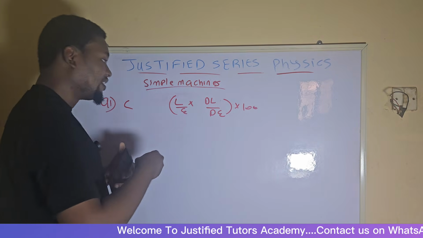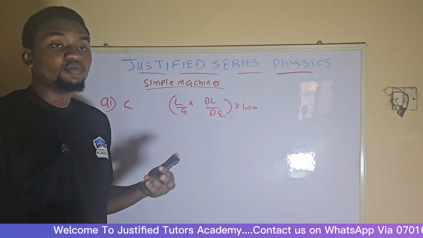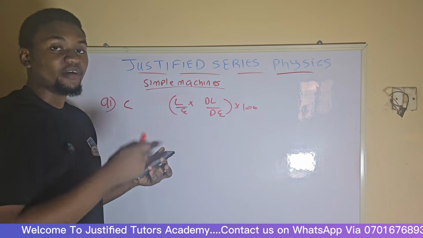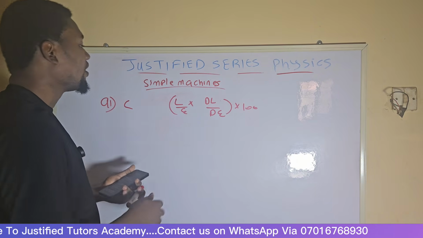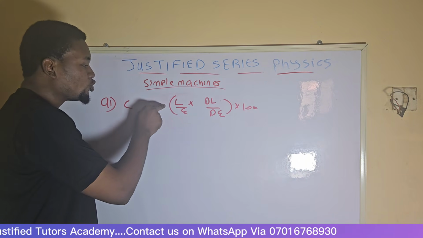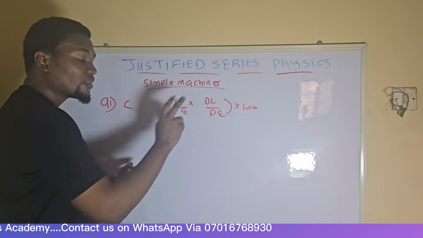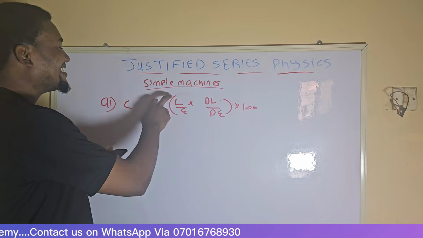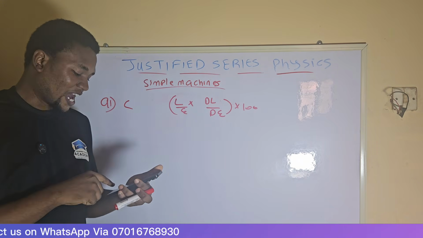This was the formula I derived for you guys after breaking down the efficiency stuff from MA to VR. So now, when you multiply load by distance moved by the load, this simply means that useful work has been done.